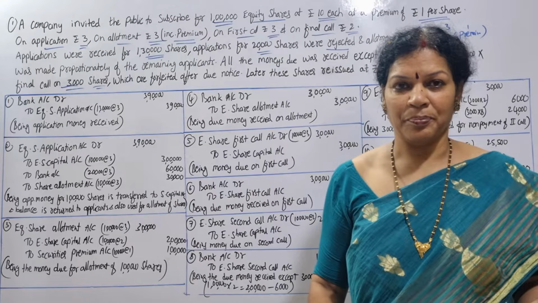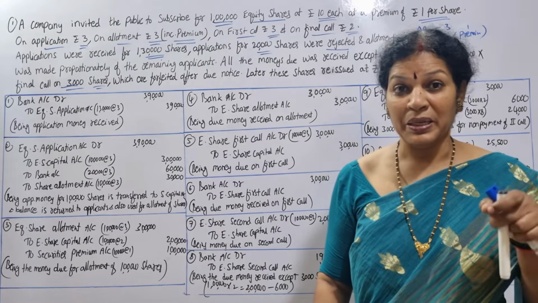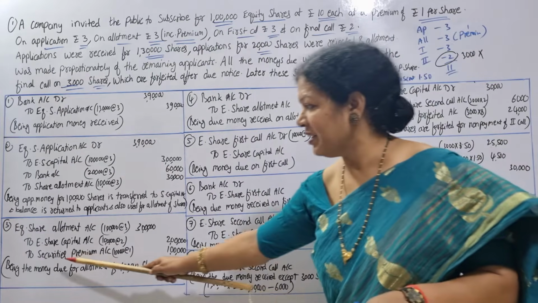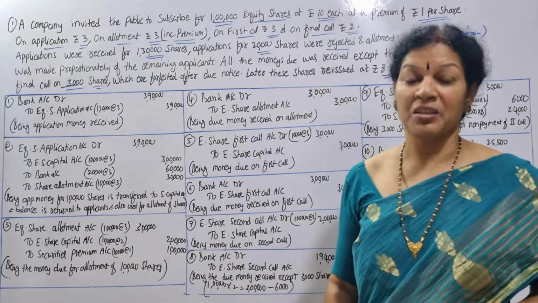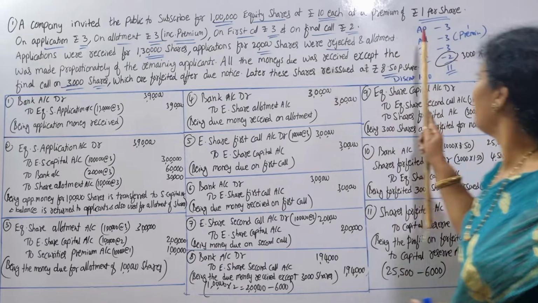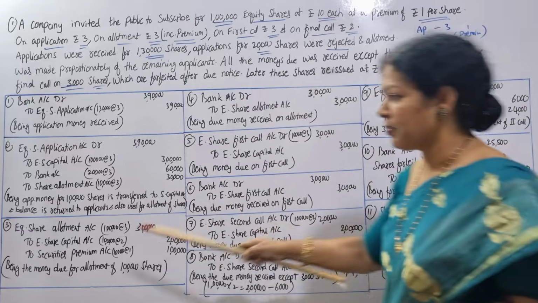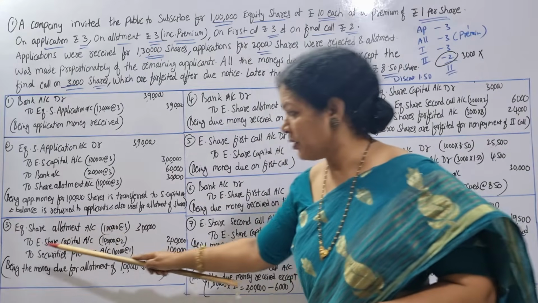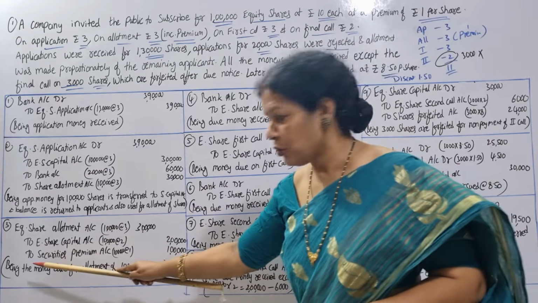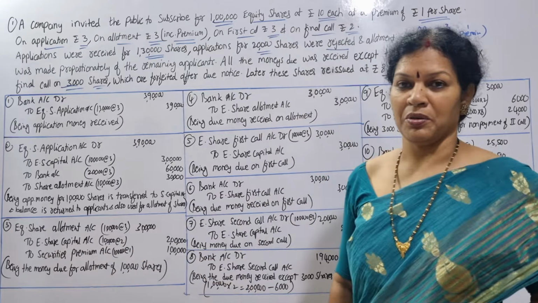You know that entry. Here they said premium is included, so we are writing to securities premium account. This is the due entry, due of allotment.